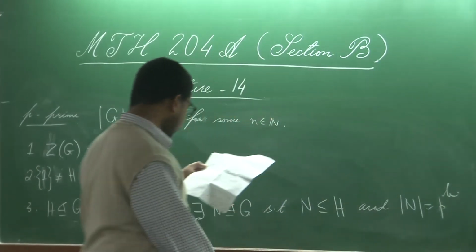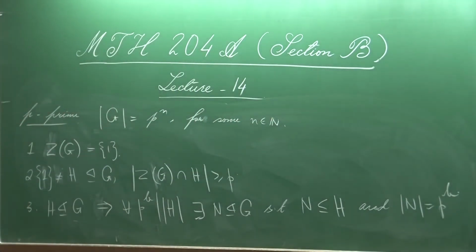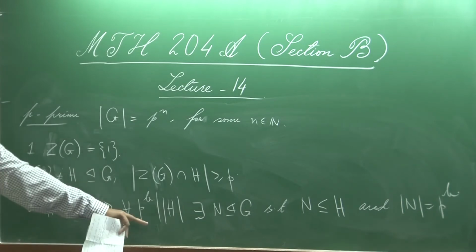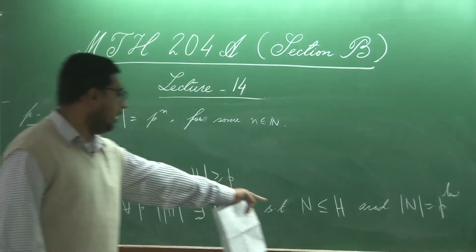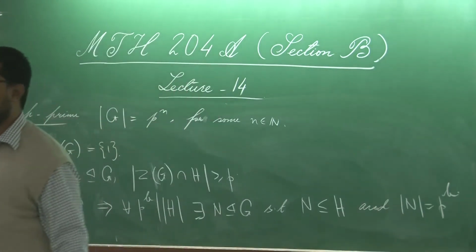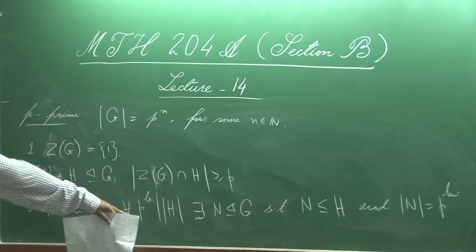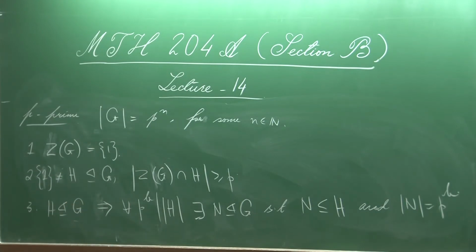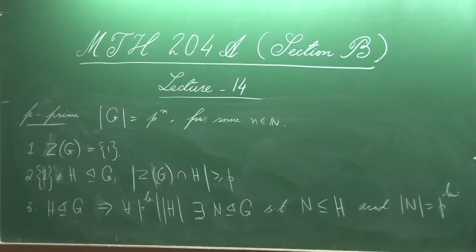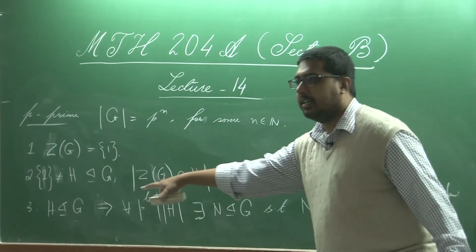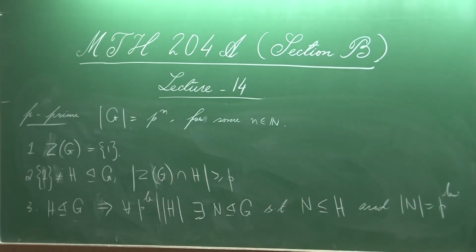So, corresponding to every divisor of the order of H, we have a normal subgroup of G contained inside H with that order. In particular, when H is the whole of G, we find that for every divisor of the order of G, we do have a normal subgroup of that order.